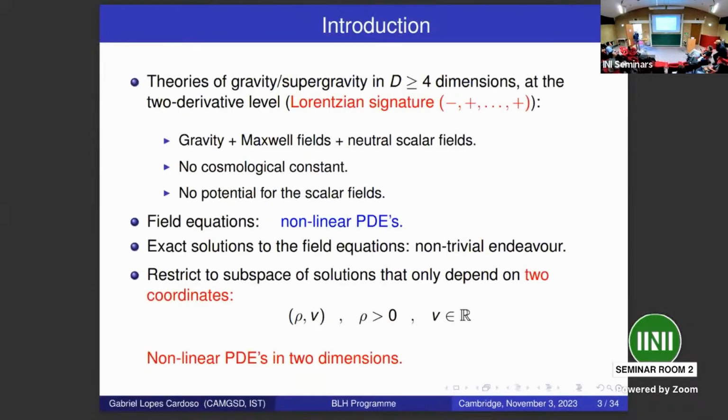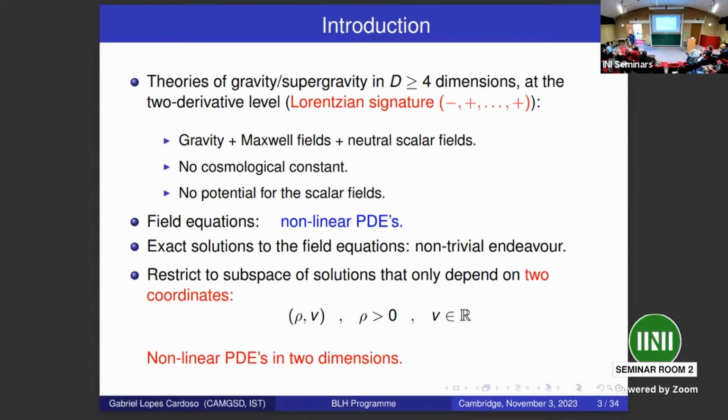So the theories we'll be looking at are going to be gravity or supergravity theories in dimensions 4 or higher at the two-derivative level and in Lorentzian signature. These are typically theories that comprise gravity, Maxwell fields, and neutral scalar fields. There will be no cosmological constant in the game.